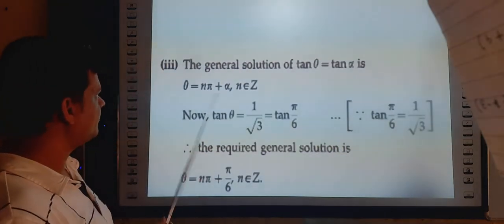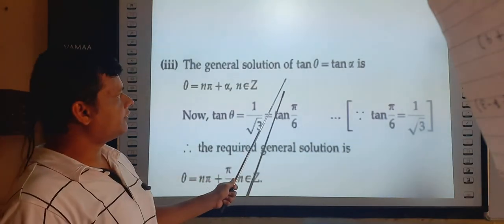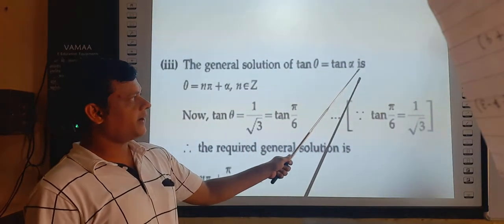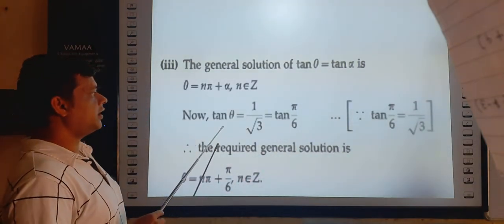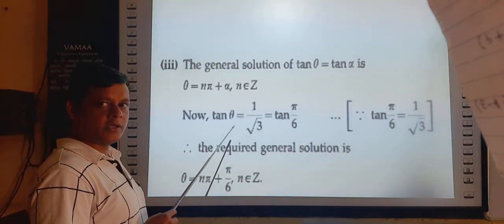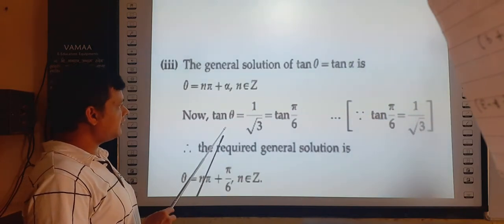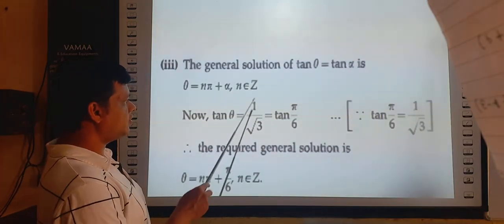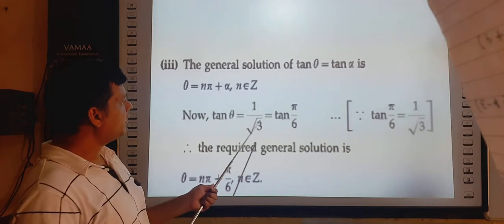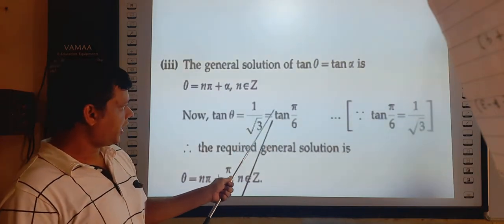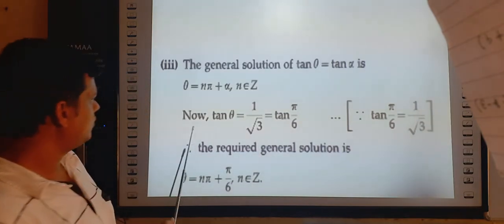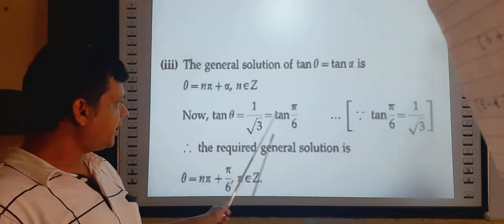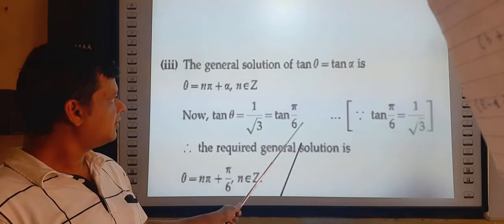Third example: the general solution of tan theta equals tan alpha is... Why do we write this? Because in the question the equation contains the trigonometric function tan. So we write here tan theta equals 1 by root 3. We know that for angle pi by 6, tan is 1 by root 3. So we write tan theta equals tan pi by 6.